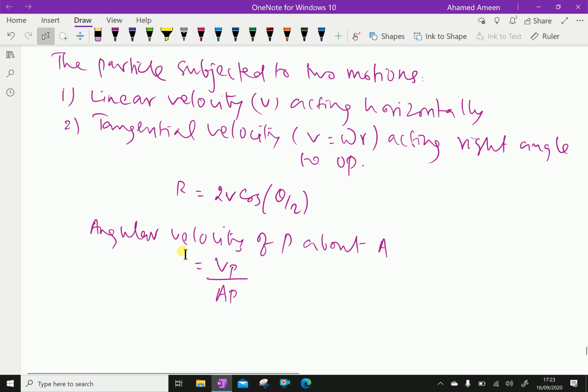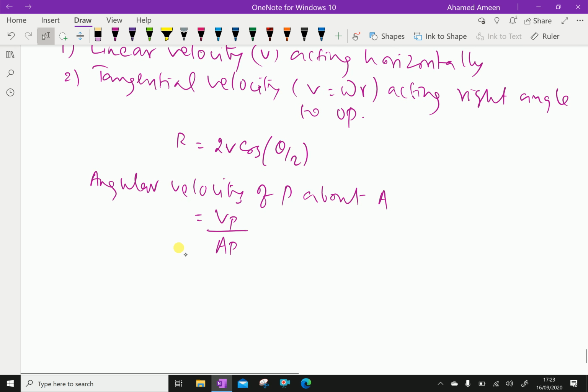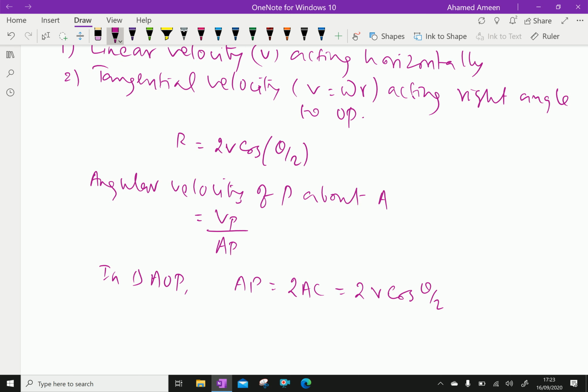Now in triangle AOP, AP equal to AC, which is equal to 2R cos theta by 2.